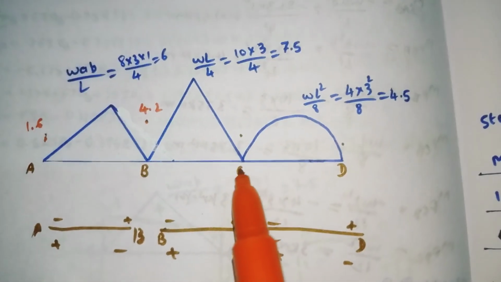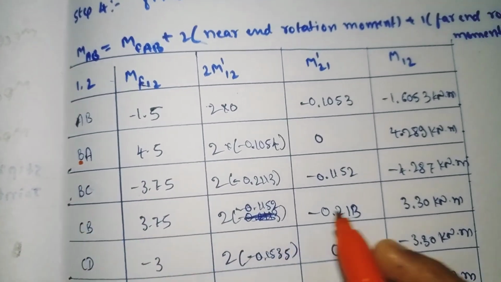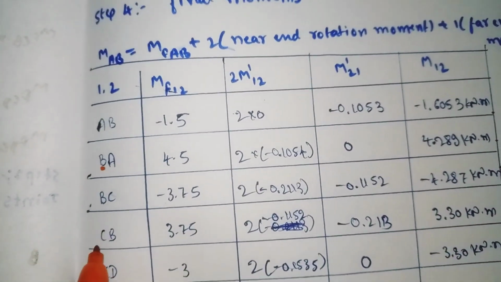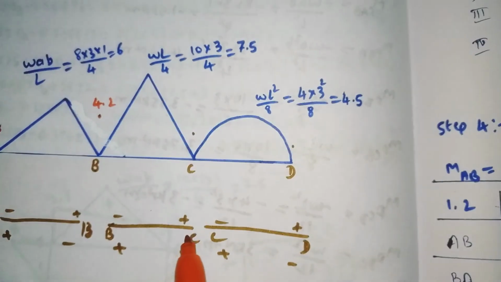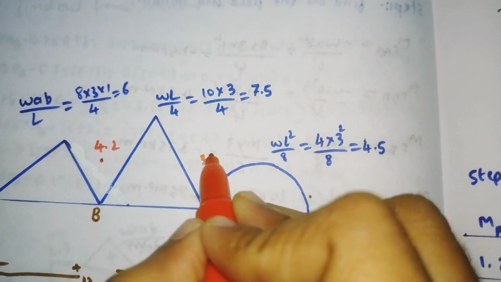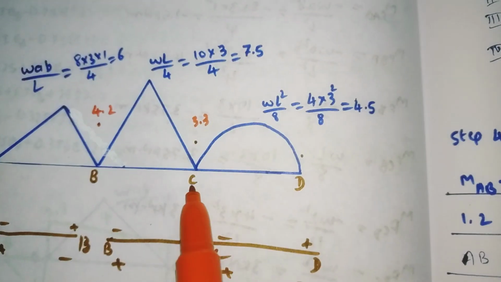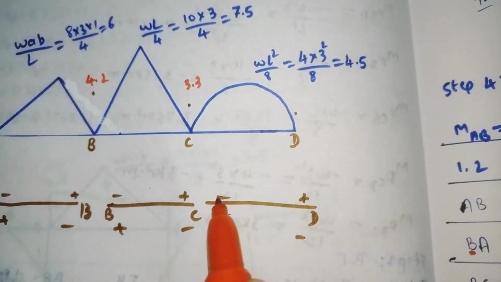Now for CB, the MCB value we got was 3.3. The first point is C, so at point C the value is 3.3. At point C, the positive value comes above the neutral axis. So 3.3 comes here. Similarly for the CD member, MCD, the value is minus 3.3. At point C, the negative value also comes above the neutral axis.